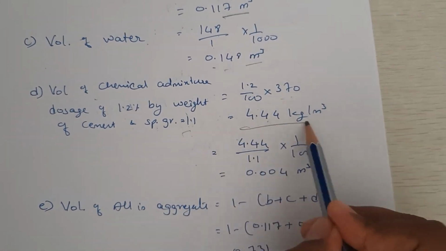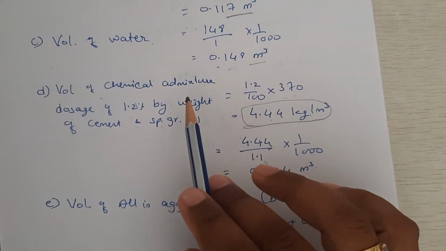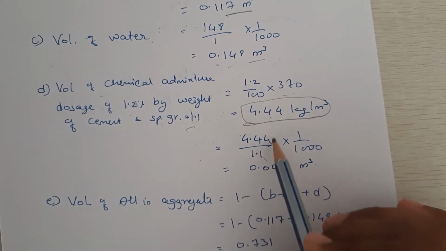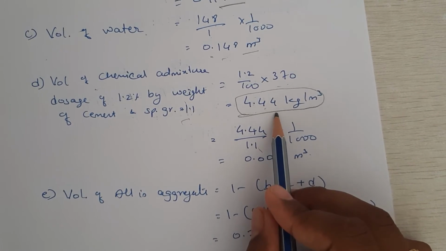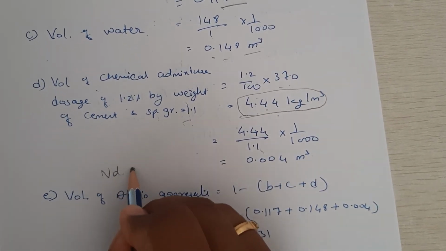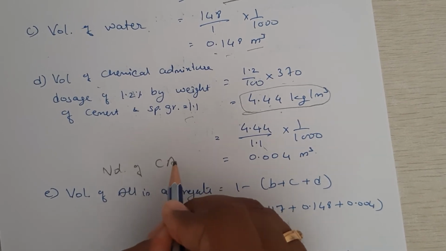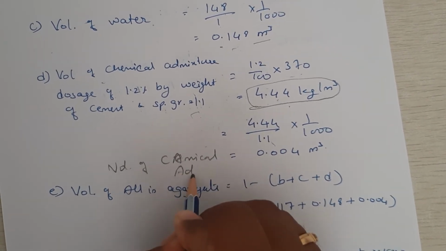This much super plasticizer is to be added to the concrete mixture to get the workability. For this we have to again calculate the volume of the chemical admixture.